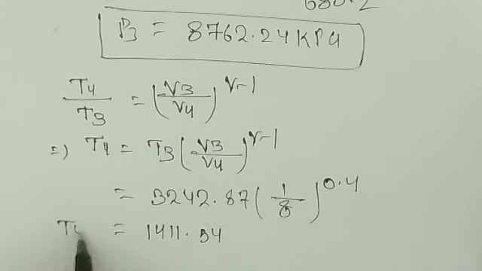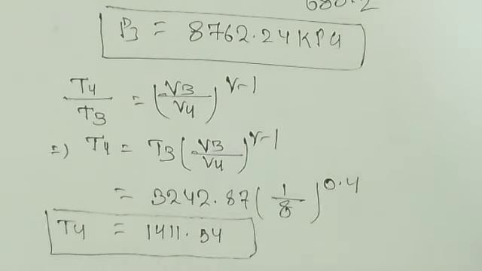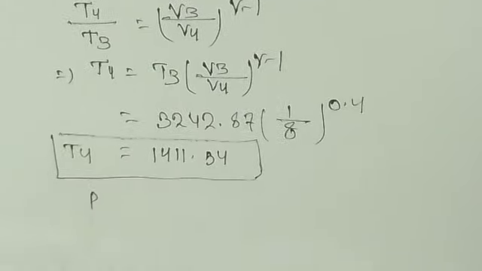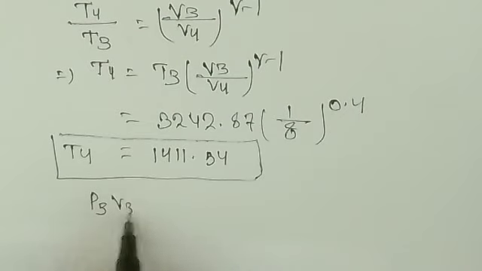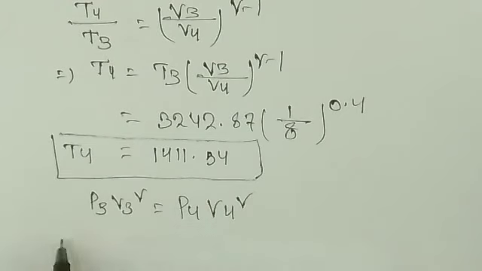So this is the temperature at the end of the expansion. Similarly, you can get the P4. Since it is expansion, P3 V3 to the power of gamma is equal to P4 V4 to the power of gamma, right?